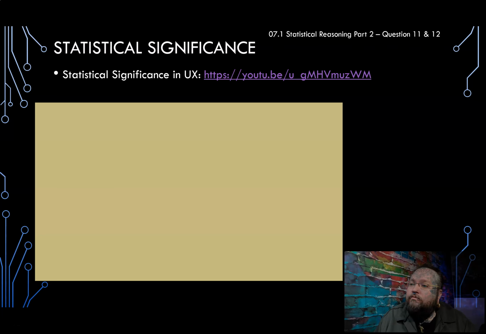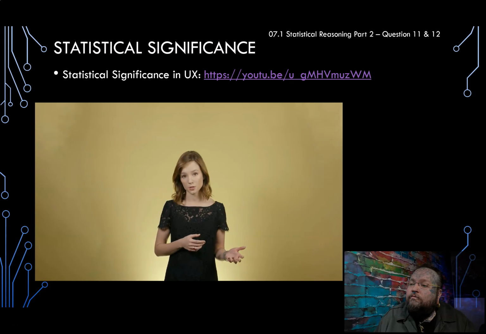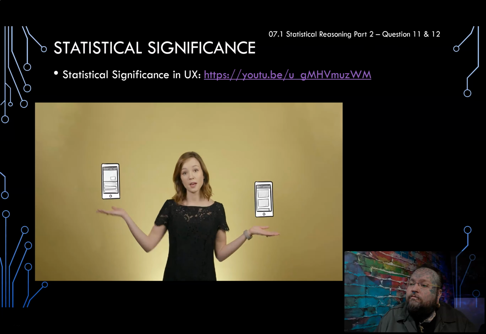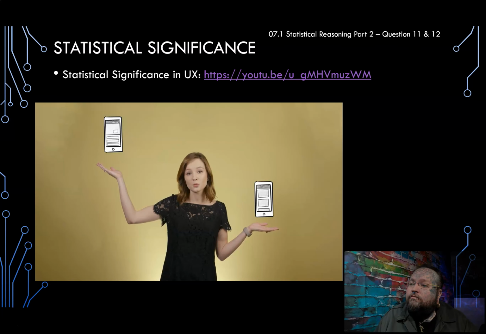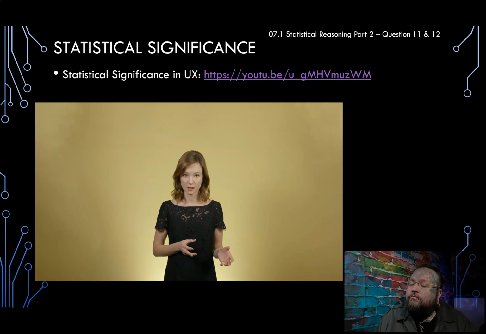Another way to think about this: if we ran the study in the same way a second time, we'd expect to see a similar result. So if we run a quantitative user research study and the data suggests that we have a better UX than our competitor, we want to know if that's a reliable finding. We can use statistics formulas to calculate the statistical significance for the relationship between these two data sets.